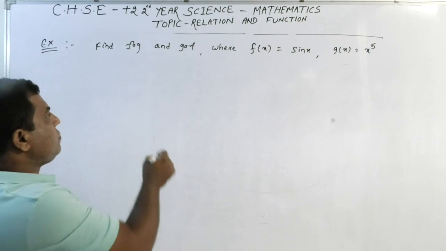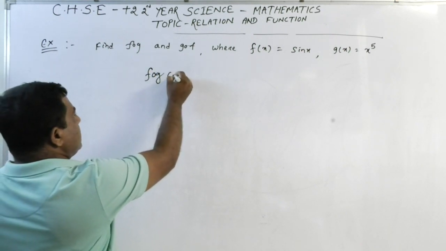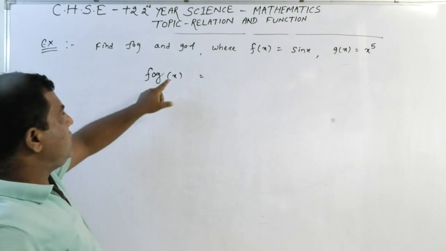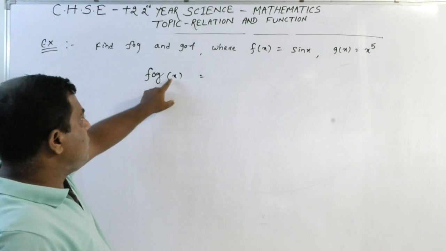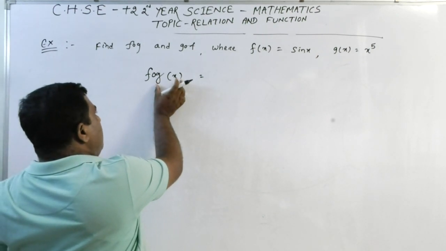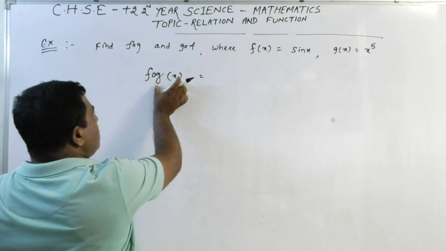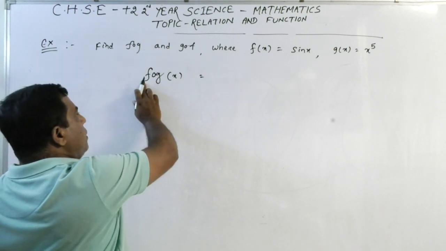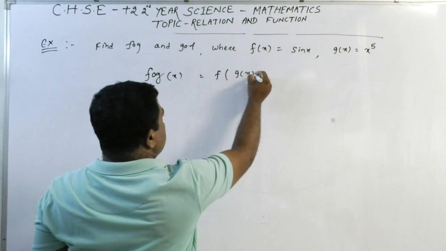You see, initially we will evaluate fog x. That means x is initially present as a variable. First of all, g is applied. Then on the total value, the f function is applied. The total functional value of g is behaving like a parameter of the function f, that is f of g of x.